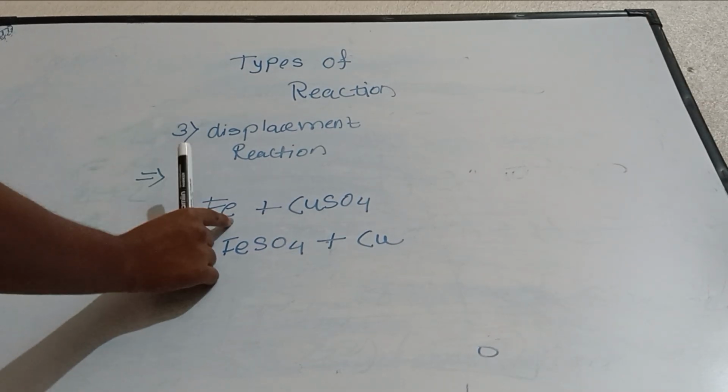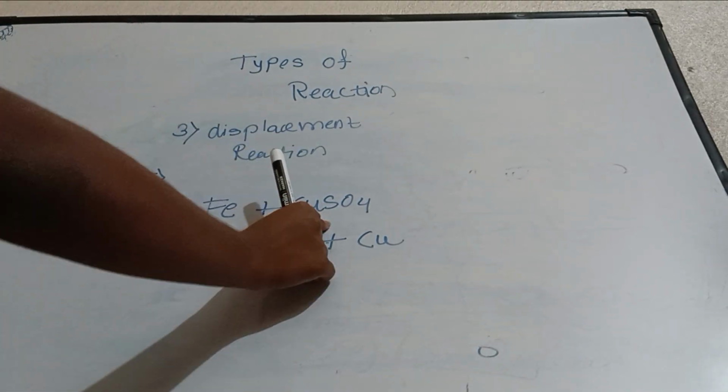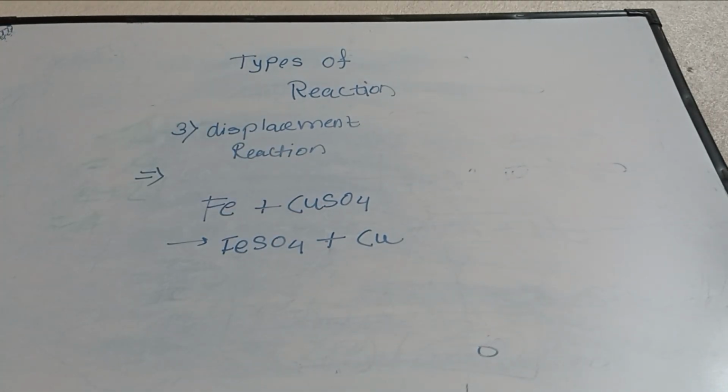Exactly. The Fe, the iron, has displaced copper and joined with SO4. So when iron is added in copper sulfate, the copper gets displaced by the iron and it converts into ferrous sulfate. Okay, so why did this happen? This is nothing but a reactivity test.